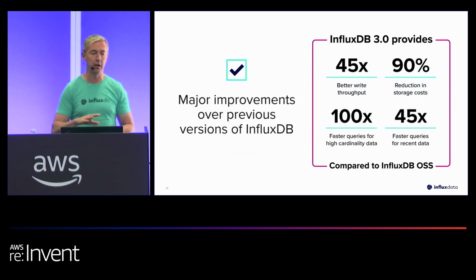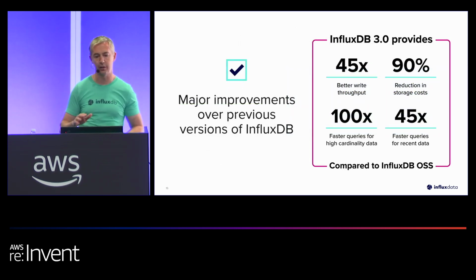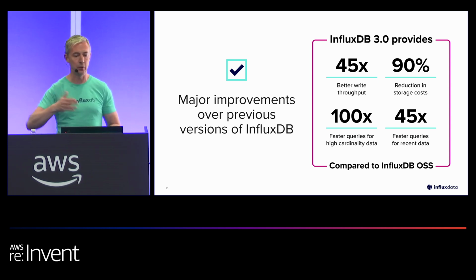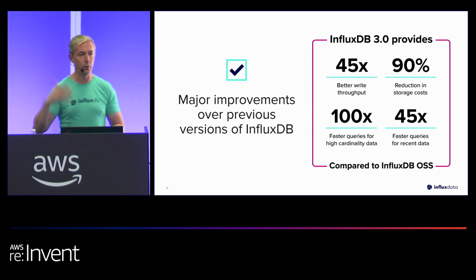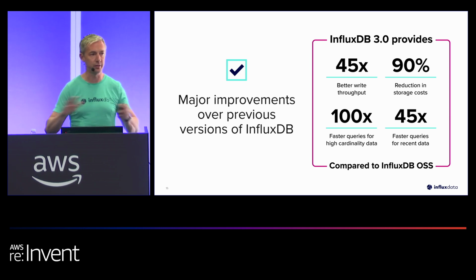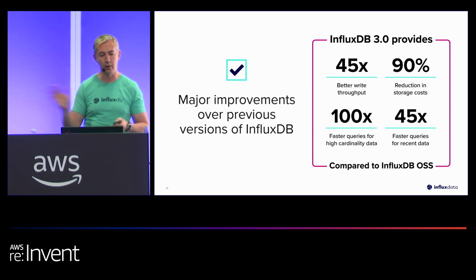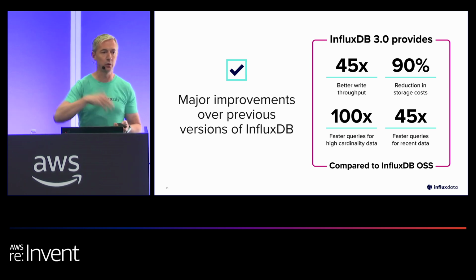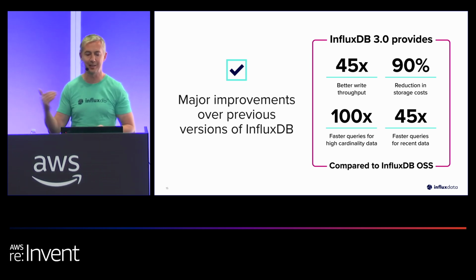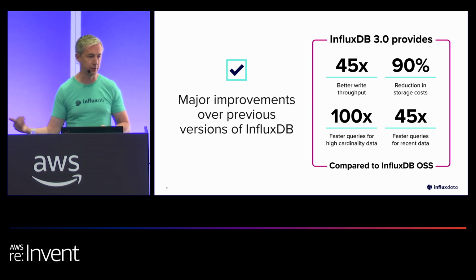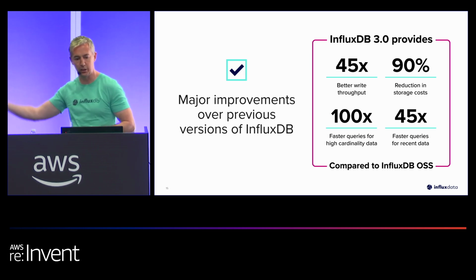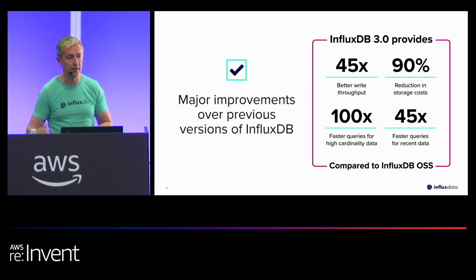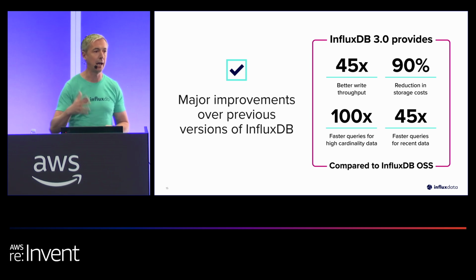So we did some comparisons of version 3.0 of InfluxDB compared with previous versions. And what we saw was on equal size hardware footprints, 45x better write throughput, or basically you're using fewer CPUs and less RAM to ingest the same amount of data. A 90% reduction in storage cost, which is a result of the reduced size on disk and also the cheaper object storage, and much, much faster queries on high cardinality data.